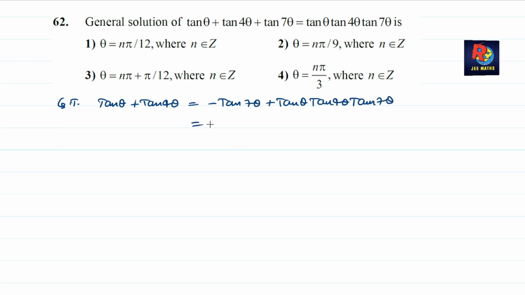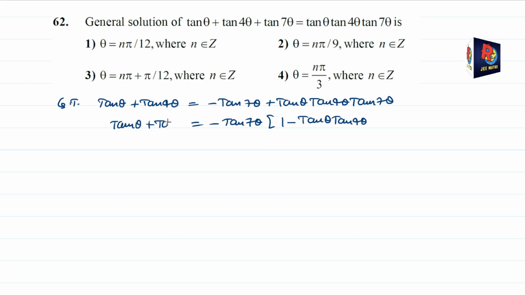In the RHS term, if I take tan 7 theta as common, then minus tan 7 theta, it will be 1 minus tan theta into tan 4 theta. The left hand side will be the same, with no change at all.